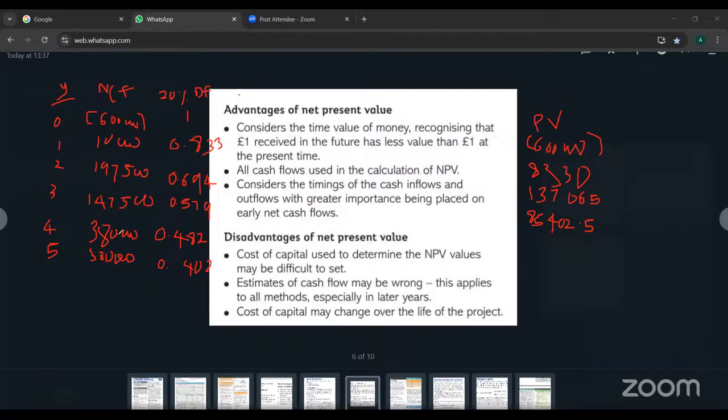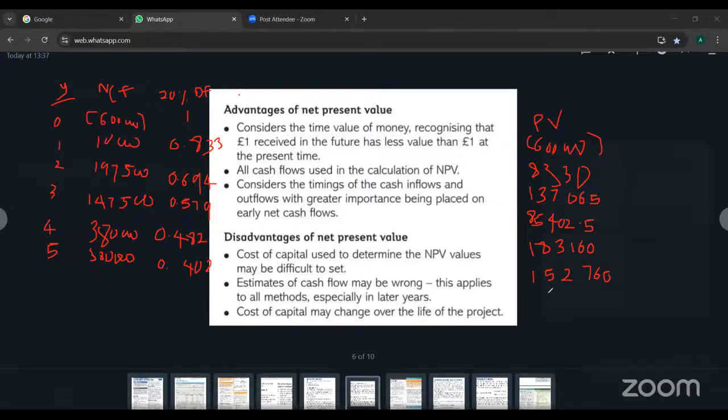Year 4: 380,000 into 0.482 is 183,160. Year 5: 380,000 into 0.402, which is 152,760.